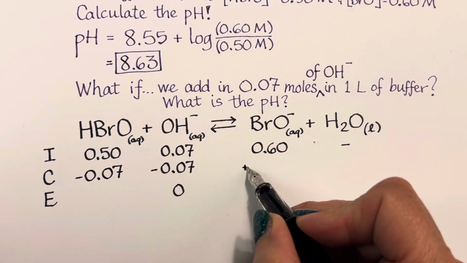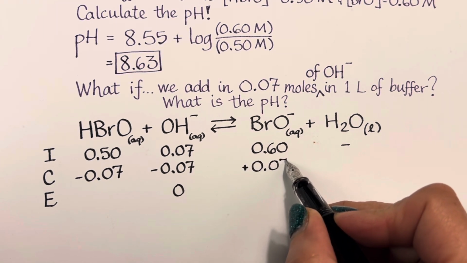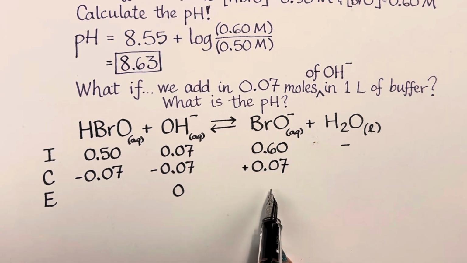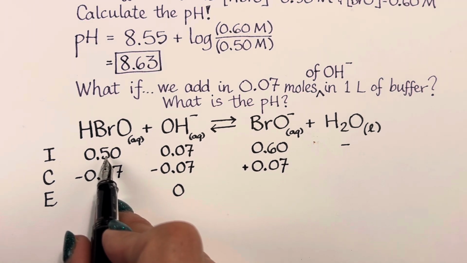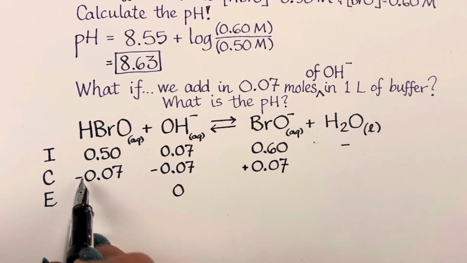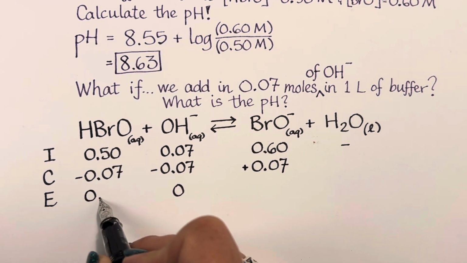So this will be plus 0.07. Okay. Then we add these columns. Here we've got 0.50 minus 0.07, which gives us 0.47.